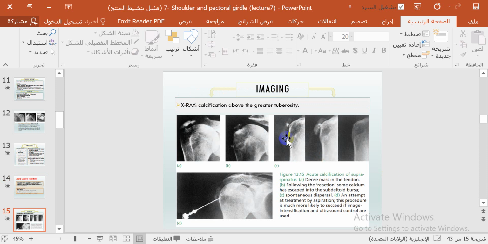Here, you see the X-ray classification of the tuberosity, and here the measure of treatment.